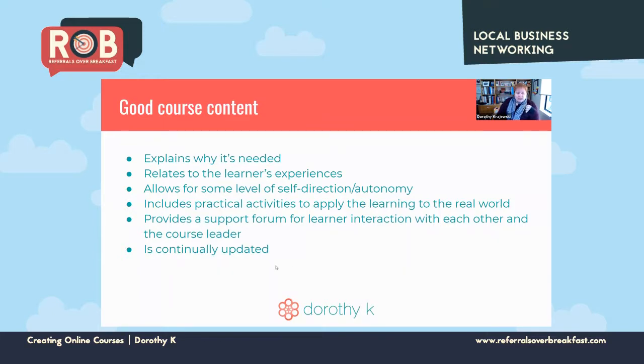The next thing is about including practical activities to apply the learning to the real world. Now, I'm going to go back to my blogging course as an example here. So when I'm doing my affiliate marketing, and I've already told you that I included practical activities, what I'm going to tell my learners in that course is to go back to a post they've written and consider what affiliate links they could have included.